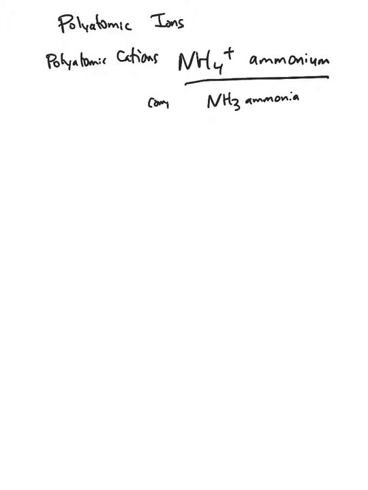That's the compound. But NH4+ is ammonium. It's where you've got a nitrogen that's covalently bonded to 4 hydrogens. It's lost an electron to give it a positive charge, and that becomes the ammonium ion. Memorize it.